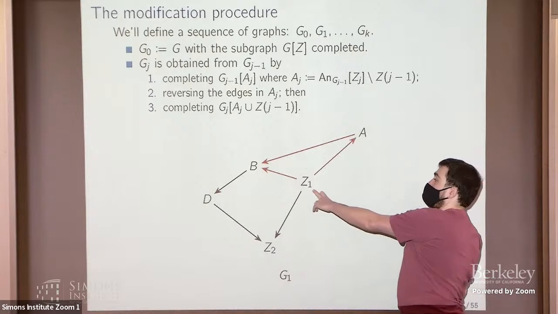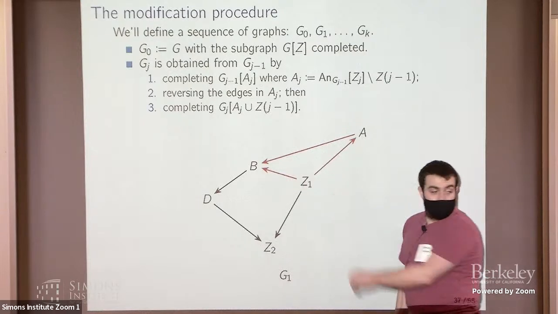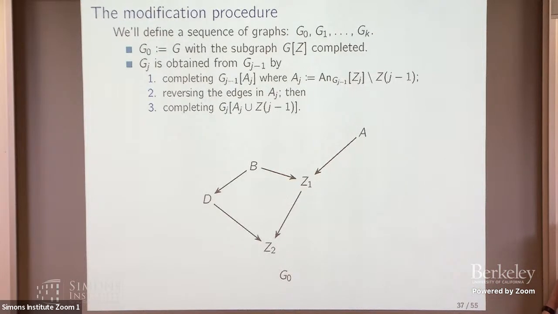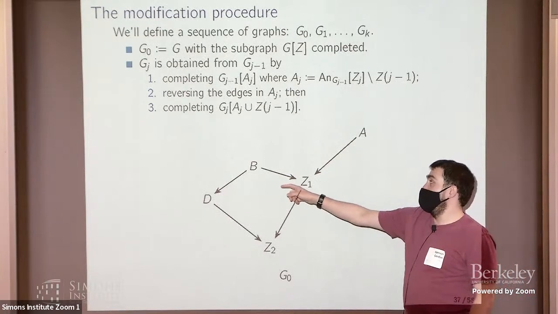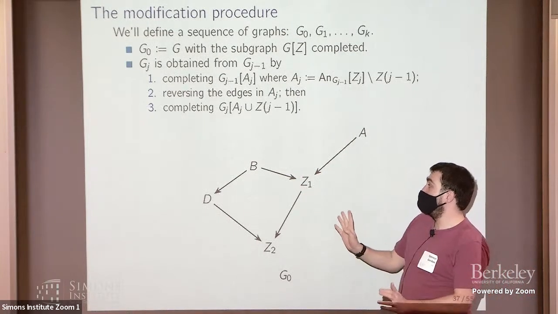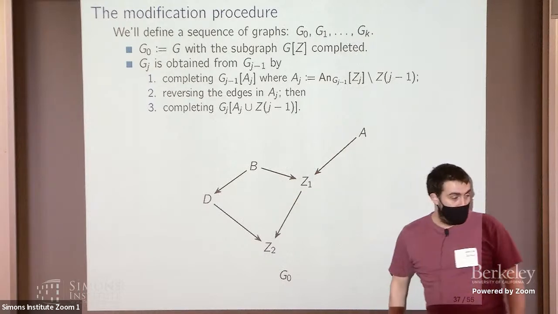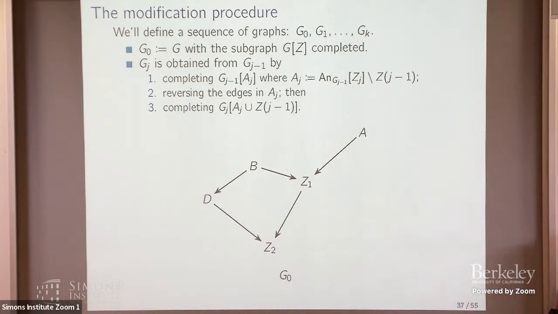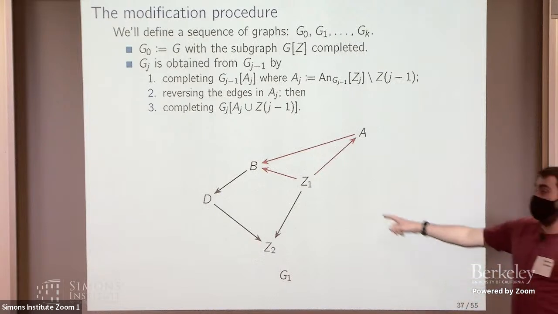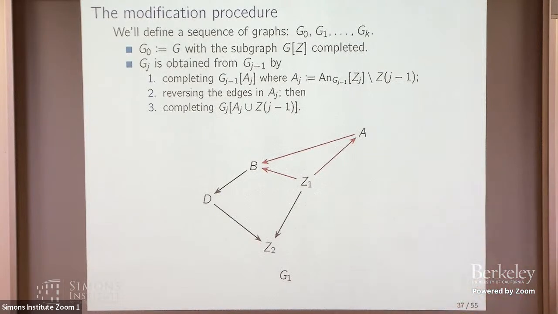Z1 starts off with ancestors A and B. We added an edge between A and B, and we chose arbitrarily to add the edge from B to A. And then we flipped all those edges. Then we would need to add edges from all the prior Z vertices into the subgraph. Since Z1's the first Z vertex, you don't have to do anything.